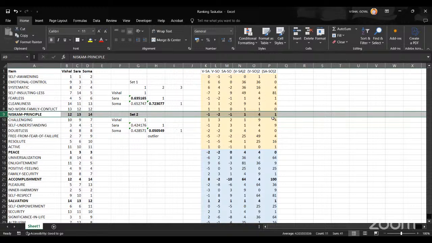Usually, this is my observation: those who are very much academic in nature, research oriented, their Nishkam value is very dominant. Please do share the worksheet with us later.